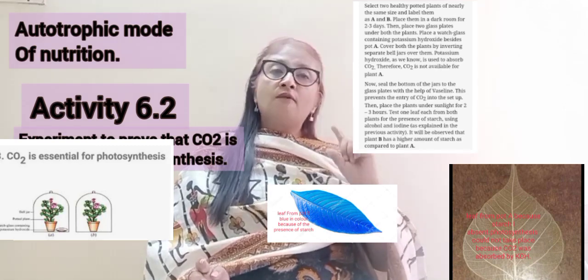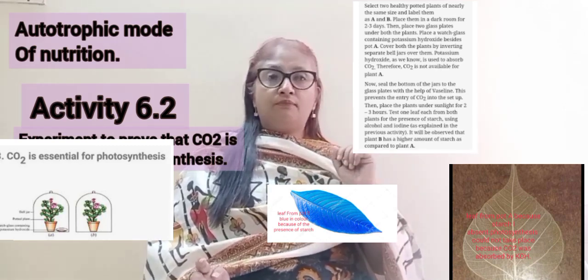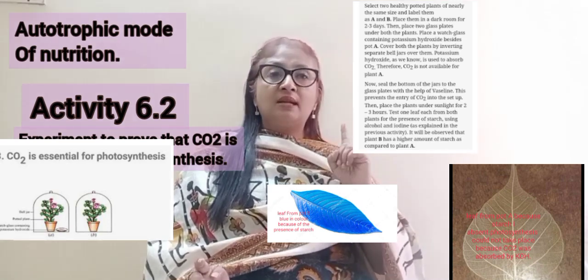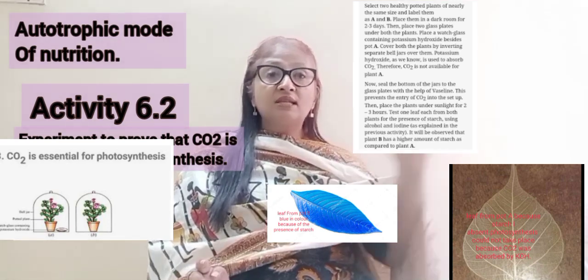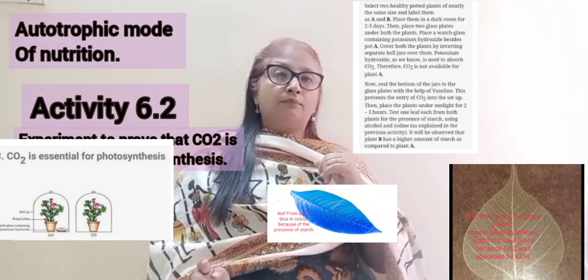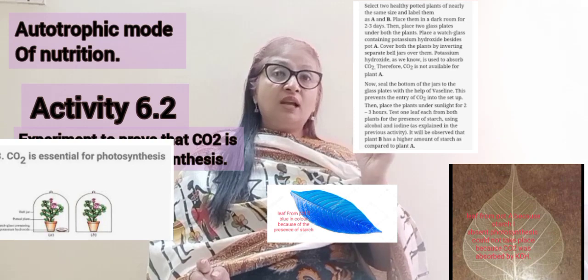This we have to do for both pot A and B. Why is this done? This is done to make the experimental setup airtight, or else carbon dioxide may get in from the atmosphere through the space.